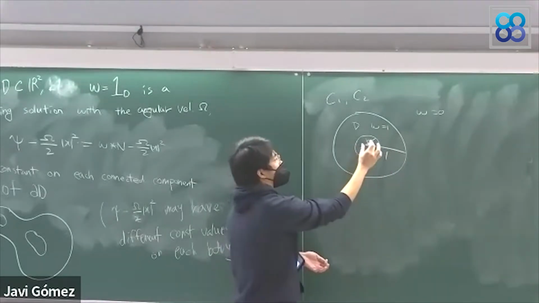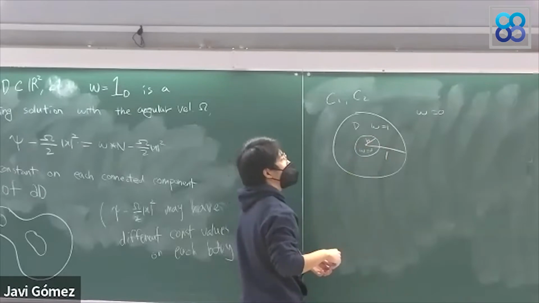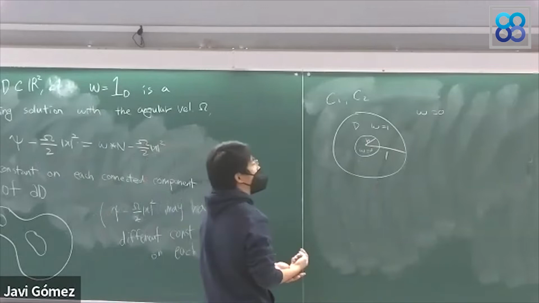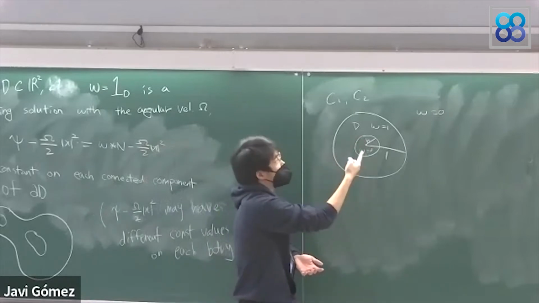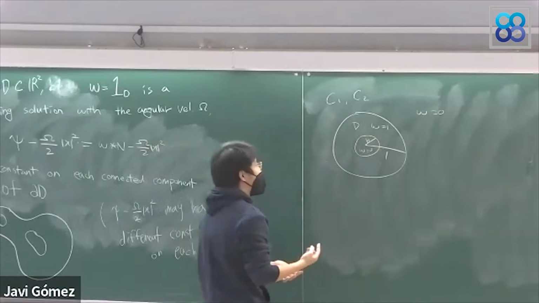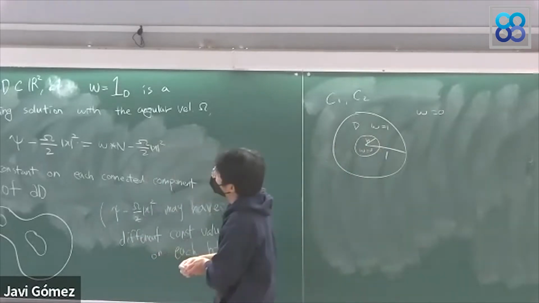Then one can modulate this b so that this guy obtains the given constants on the inner boundary and the outer boundary as well.